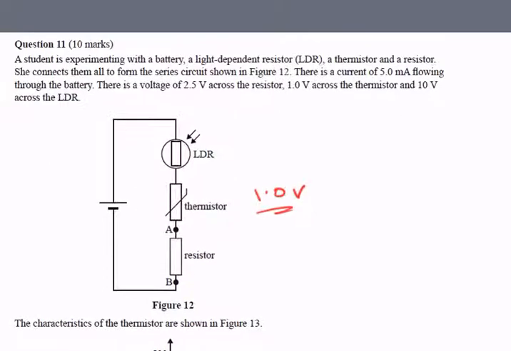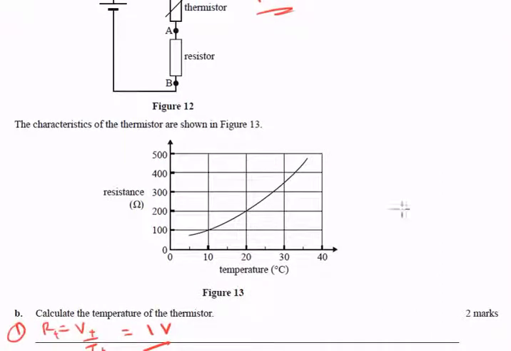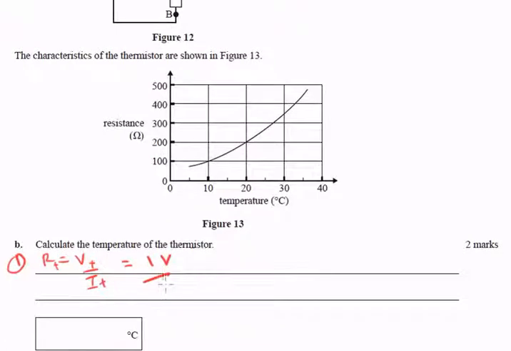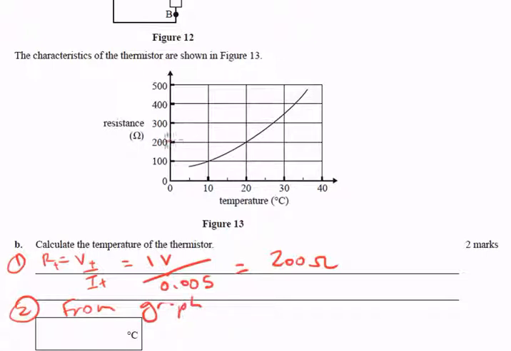The current is the same current all the way through, which I've had as 0.005 amps, and that equals 200 ohms. So we've got the resistance, and now we can read it off the graph. From the graph, here's 200 ohms, 20 degrees.